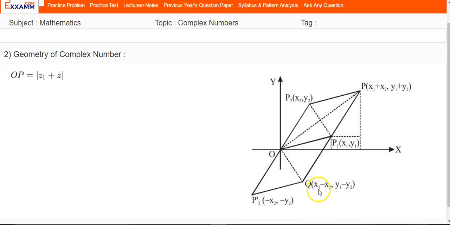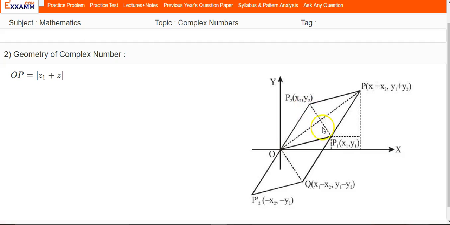So this point is x1 minus x2 and y1 minus y2. Now OQ and P2P1 are parallel, and they are opposite sides of a parallelogram, so OQ would be equal to P2P1 here, so this distance would also be equal to x1 minus x2 comma y1 minus y2.